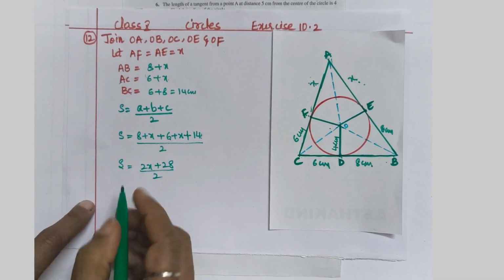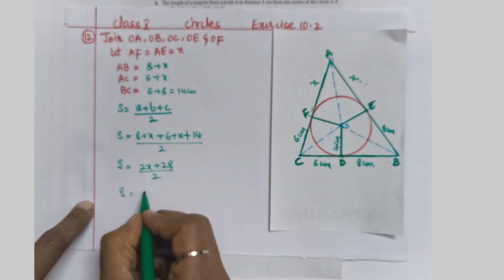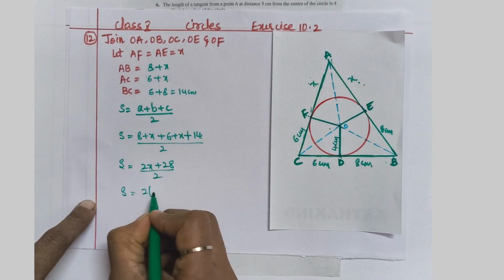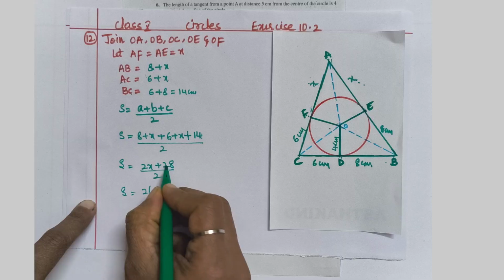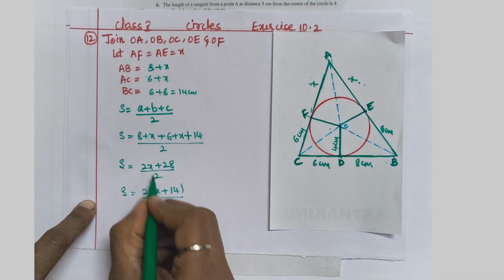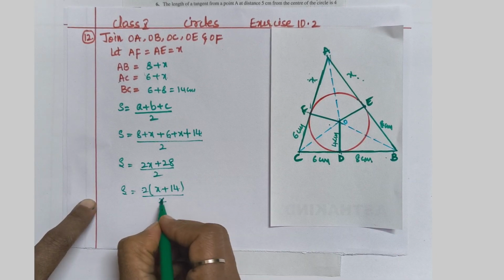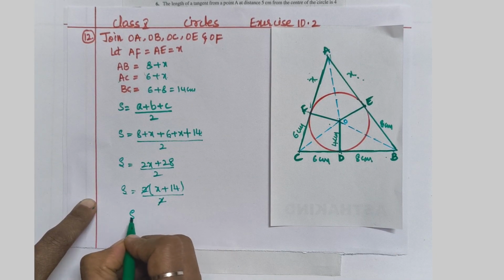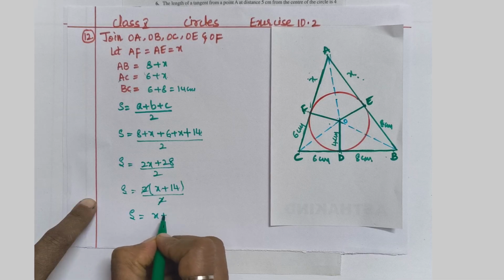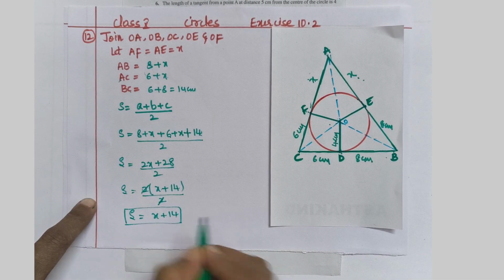Take 2 common: inside remains x plus 14, divided by 2. Cancel the 2, and s is equal to x plus 14.